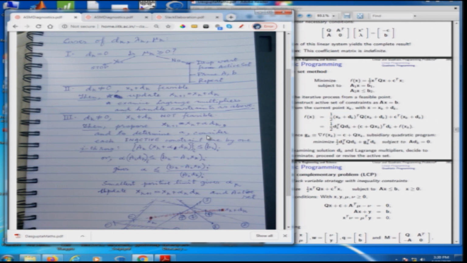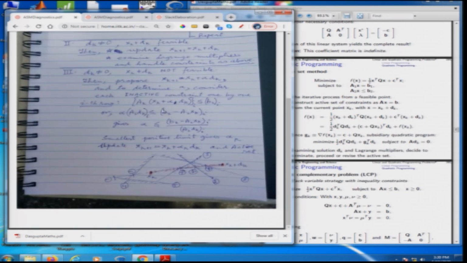So, that is why you have to consider each inactive constraint one by one. Consider each row, ith row, that will give you a 2 times x k plus alpha d k, this vector's ith entry less than or equal to b 2's ith entry. Now, open this: alpha times ith entry of a 2 d k less than or equal to b 2 i minus a 2 x k i.